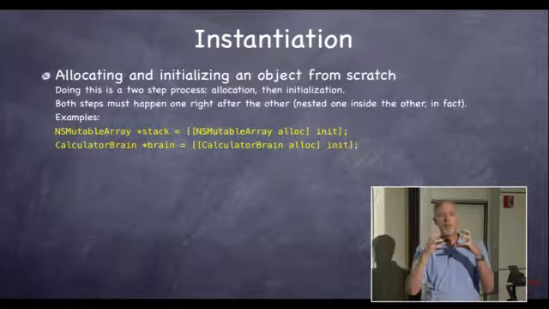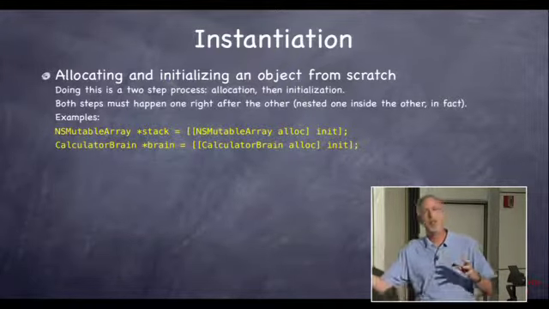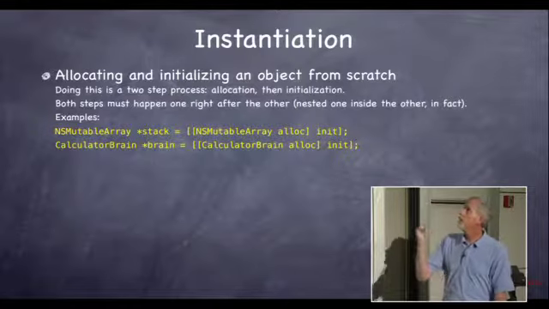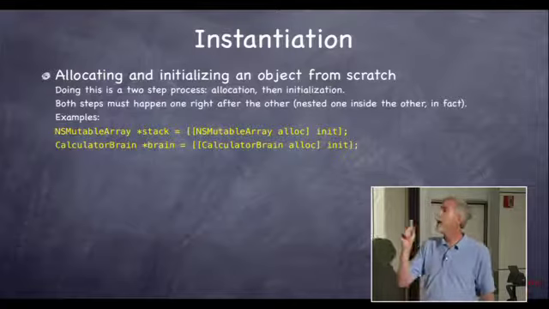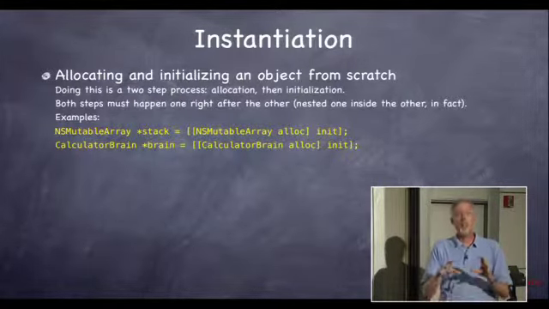So we get the alloc back from this class method, and then we send it init right away, or init with something. And you'll see that you can have multiple kinds of init methods, all right? So we always do it nested like this, always. That's what we did in the walkthrough, and you always do it in this class. Never say alloc by itself, and then on another line, even the next line, do the init. Always nest them like this, always, okay?